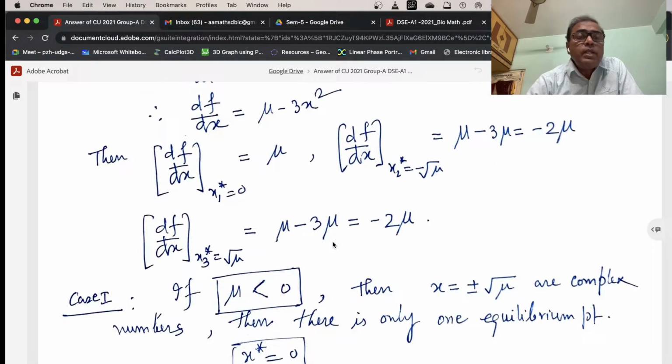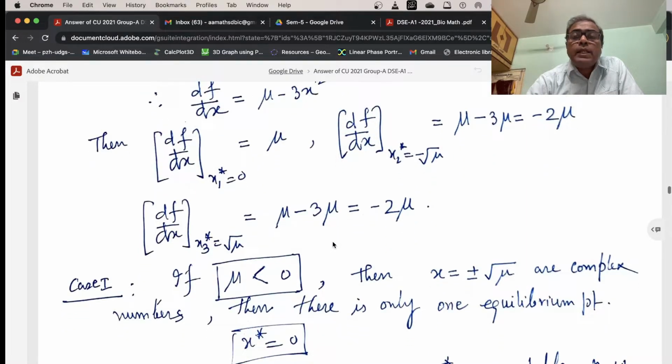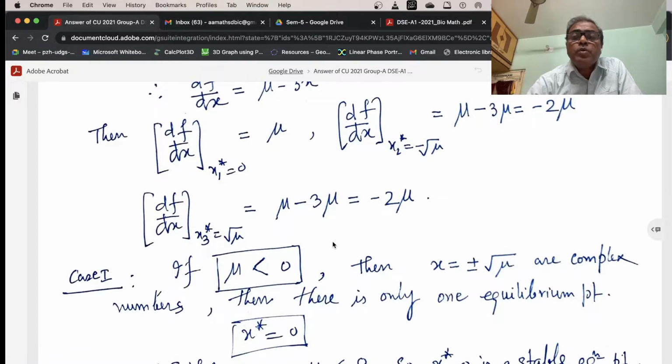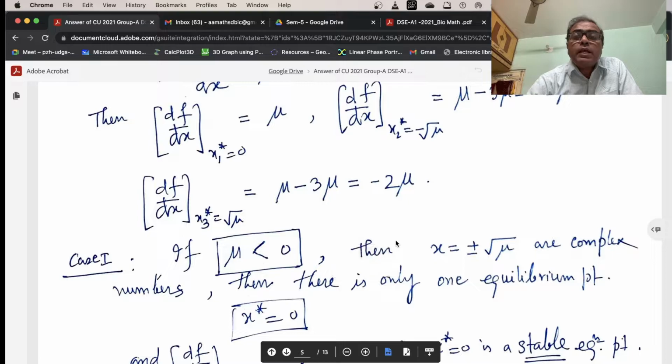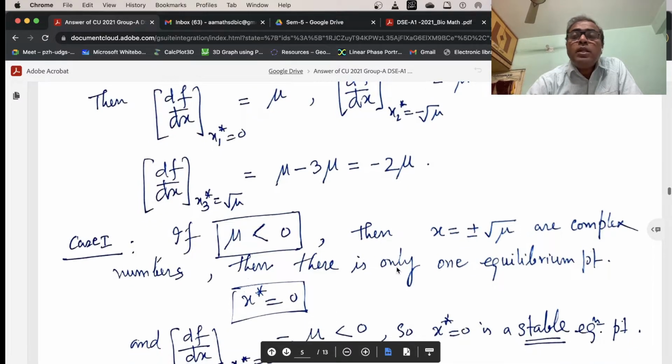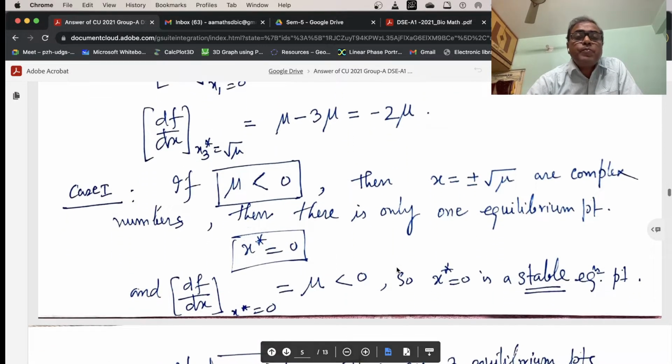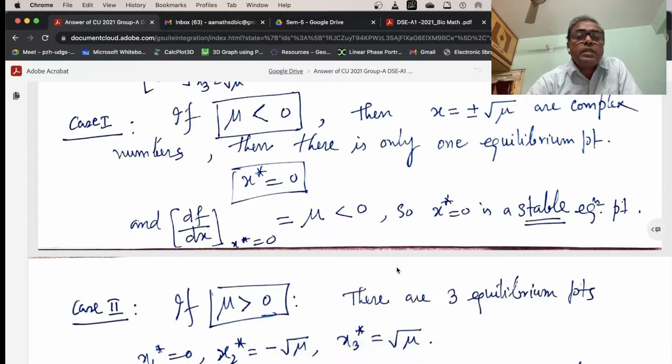Case 1, if mu is negative, then x equal to plus or minus root mu are complex numbers, obviously. So we get only one equilibrium point, x star equal to 0, and df dx at x star equal to 0 is mu, and mu is negative, so x star equal to 0 is a stable equilibrium point when mu is negative.